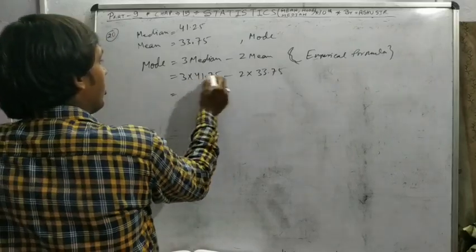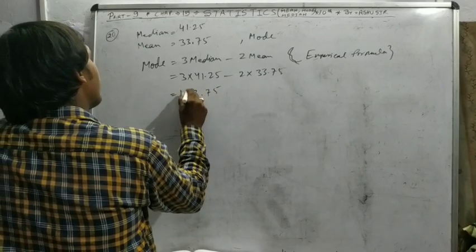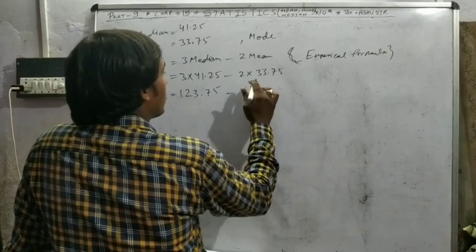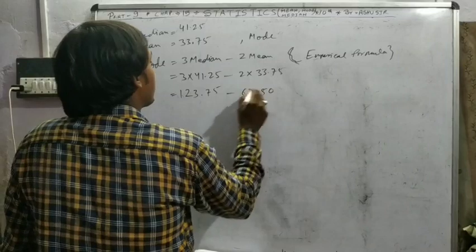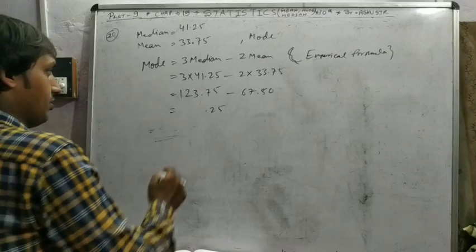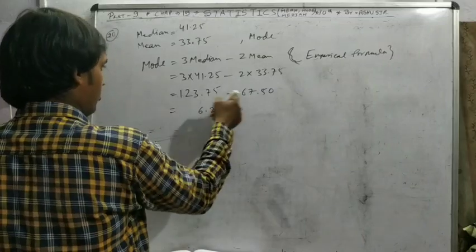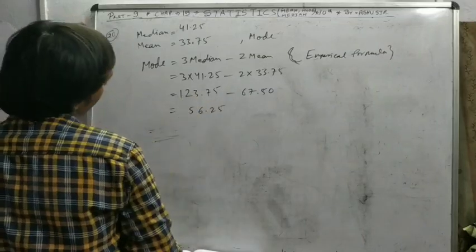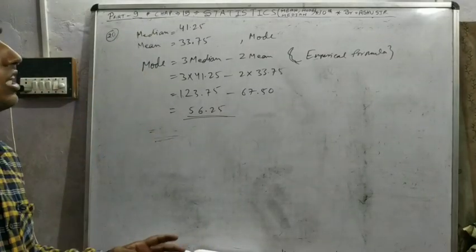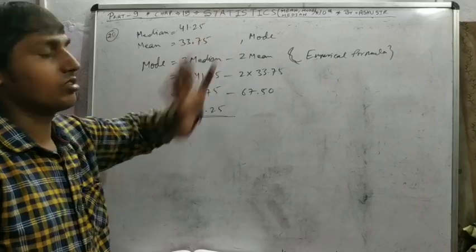So 123.75 minus 67.5 gives 56.25, which is the mode of the data where median and mean are these. Pause, will note down.